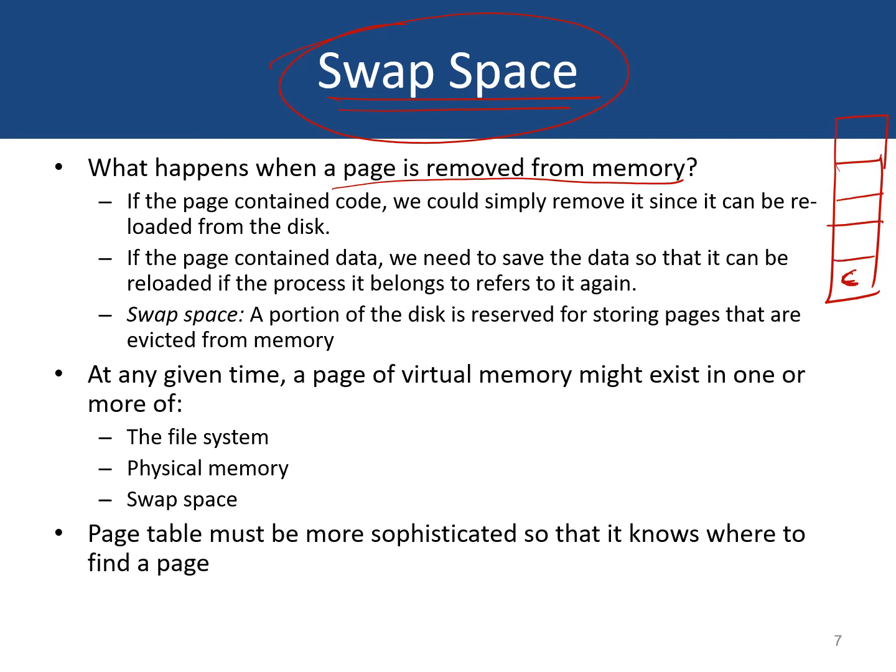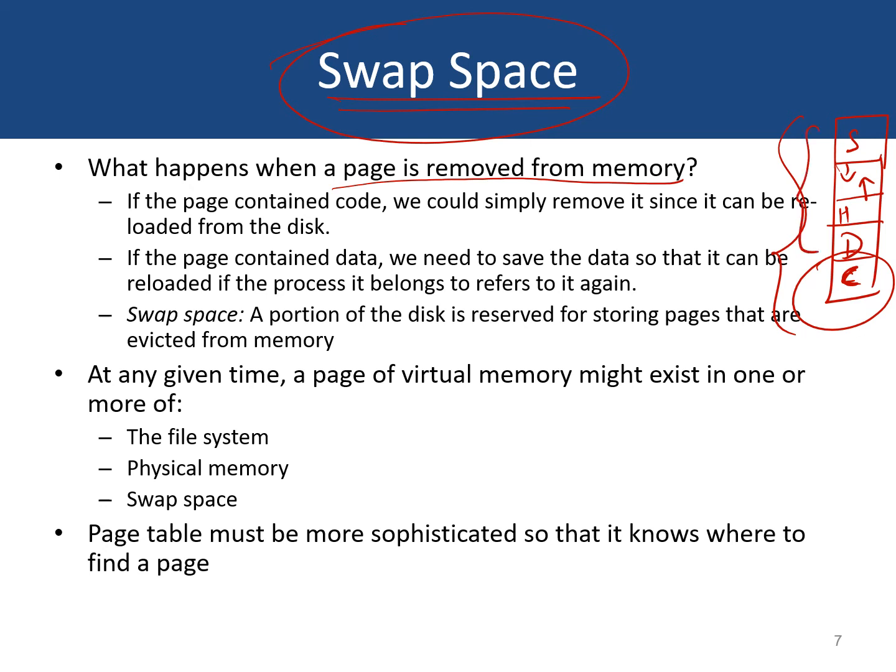So we have the code section, the data section, the heap section, and the stack section, and then there is some room here for the heap and the stack to grow and shrink. Out of all of these, typically the code section is not modified, and therefore this can be discarded. We can always reload the code from the hard disk directly, because we will have a copy of the code section on the hard disk in the file system.